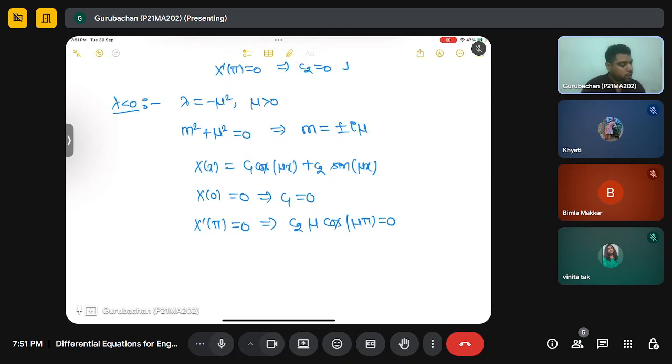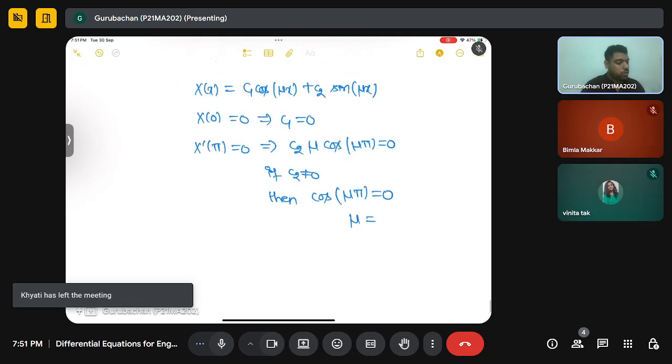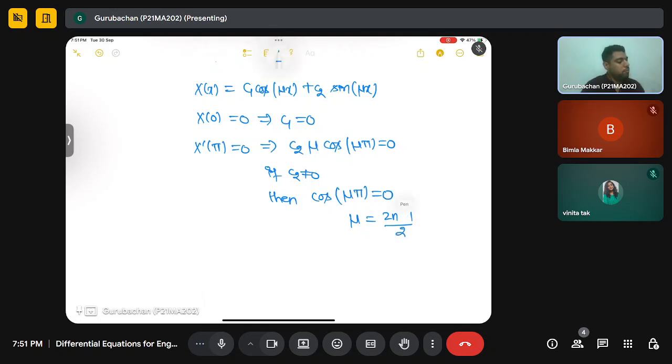If c2 is non-zero, then cos mu pi is 0 and mu has to be (2n plus 1) by 2, or in fact (2n minus 1) by 2, where n can be any natural number. Okay, so this is your eigenvalue.